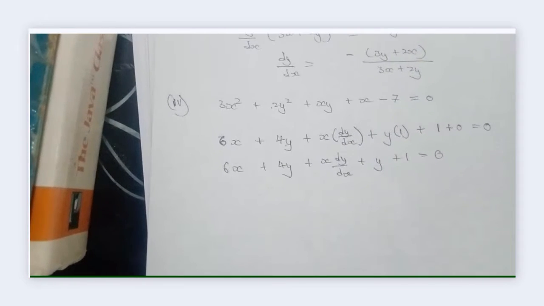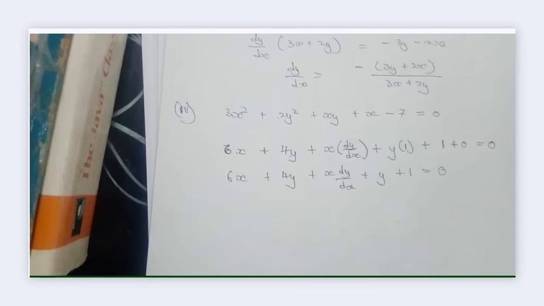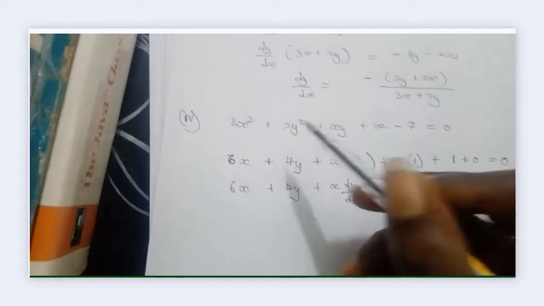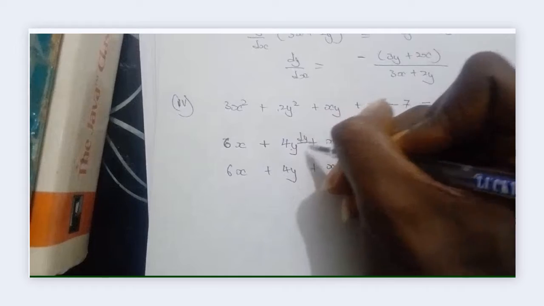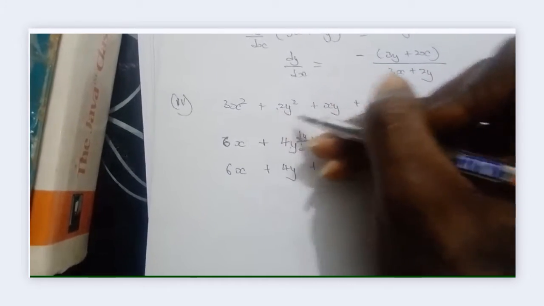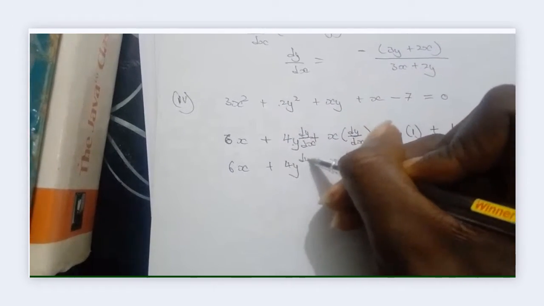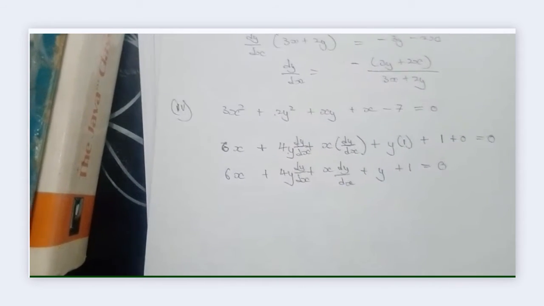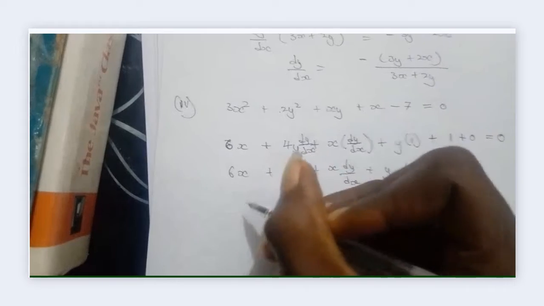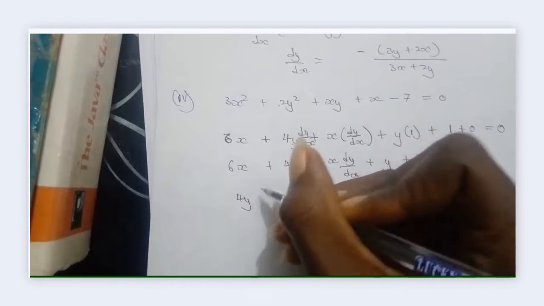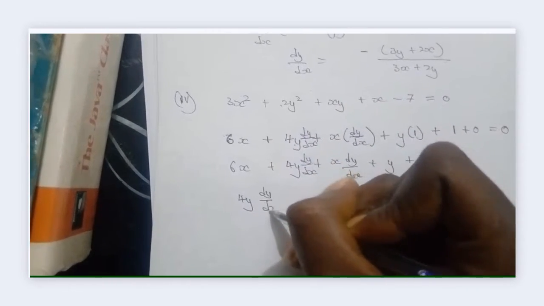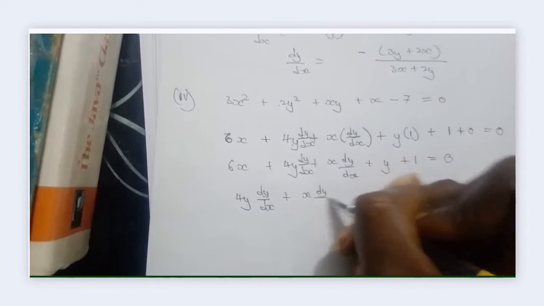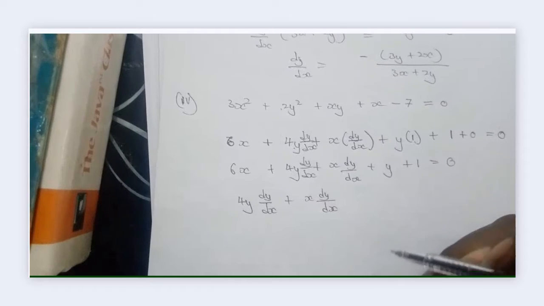So for this, I can just make my dy over dx as subject of formula. Oh, for this, I'm supposed to include dy over dx, sorry, y differentiating 2y squared. So dy over dx. So for this, let me just collect the like terms. So it will just be 4y dy over dx plus x dy over dx, right?